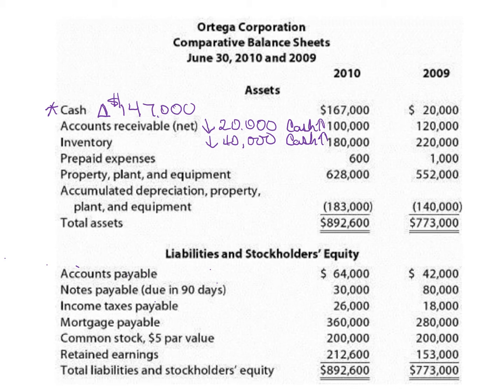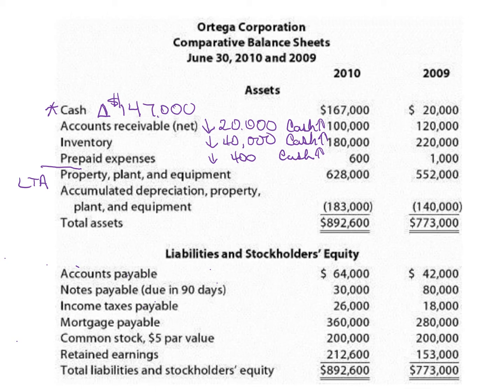It went down 400. And if your prepaids go down, that must mean your cash goes up. So you see that current assets have an inverse relationship to cash. Property, plant, and equipment and accumulated depreciation are long-term assets, so we'll analyze those for the investing section.